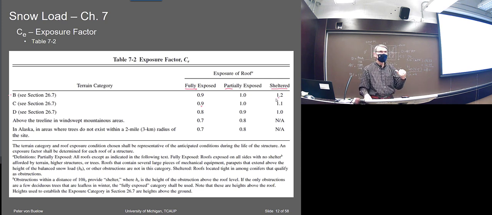And so the snow not only is less likely to blow off, but I'll tell you what else it would do. If you've got something like this and these trees around it, and the wind is blowing like that, it's going to tend to dump more snow, I think, on the roof.